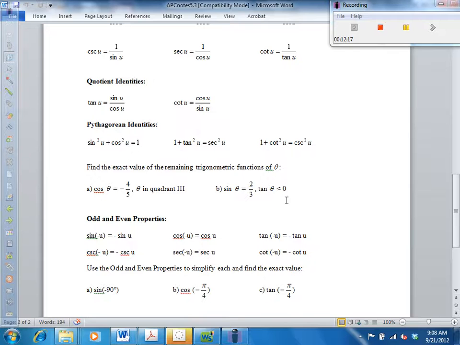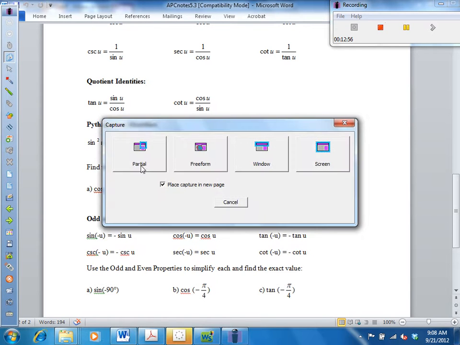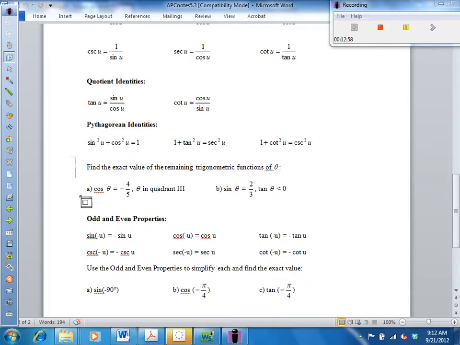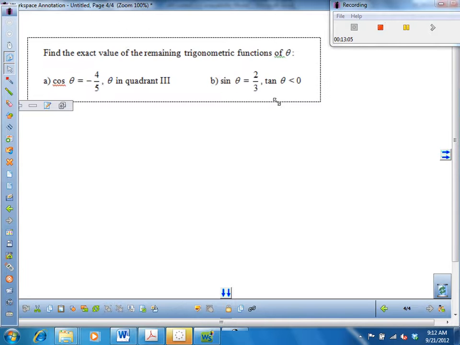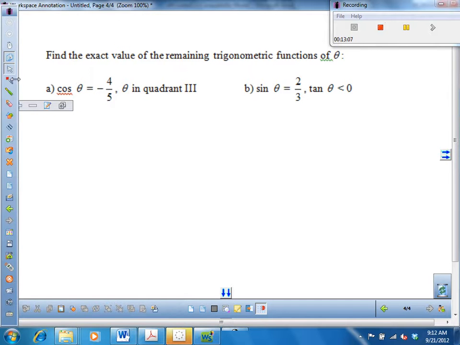So how do you do problems like this? I'll show you how you do problems like this. So if you have something like this, find the exact value of the remaining trig functions. I would always draw a picture for these types of problems. When you see them, I'm not going to draw a whole circle.